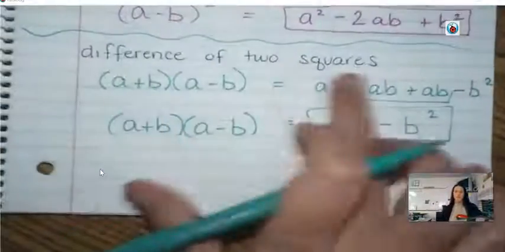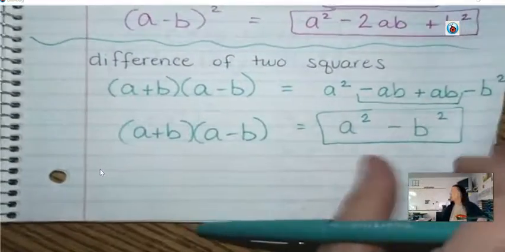And this is the difference of two squares. Difference of two squares is going to be a plus b times a minus b.